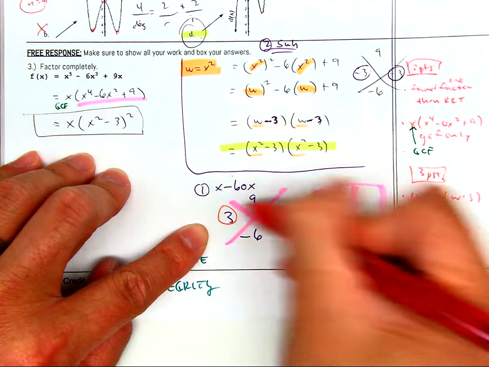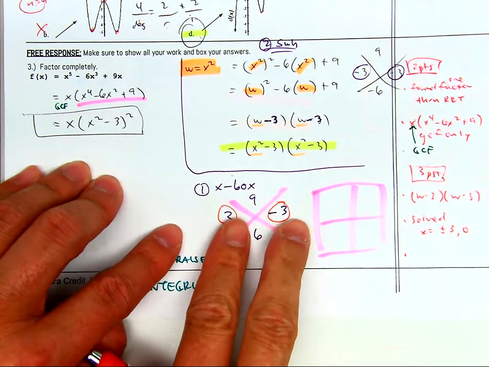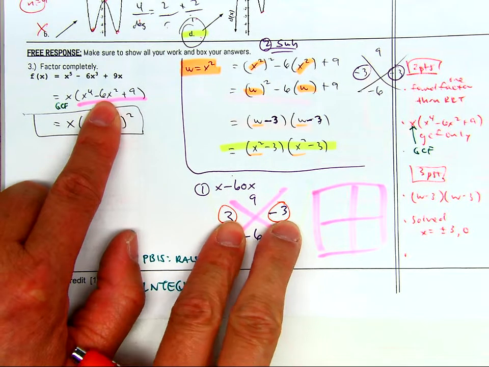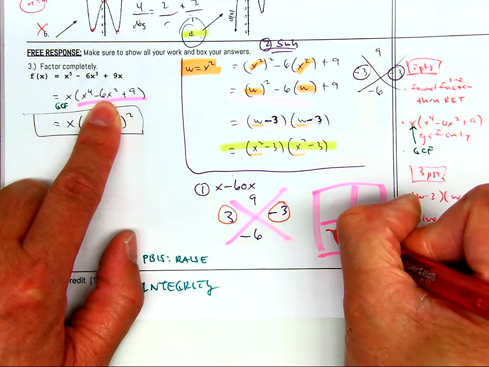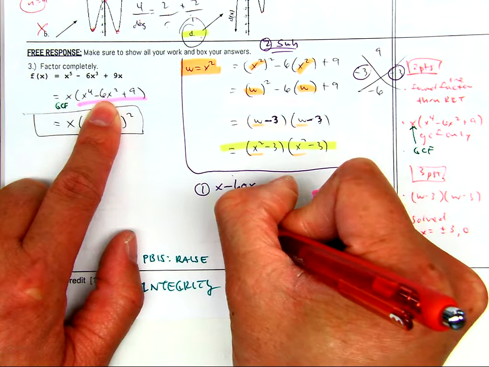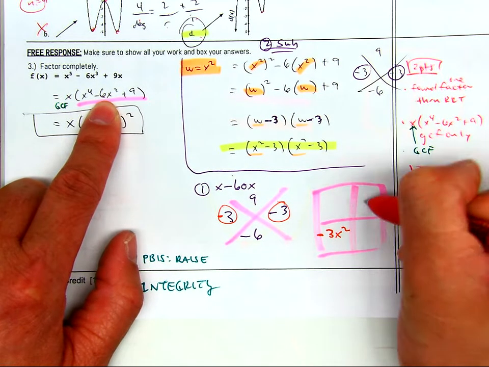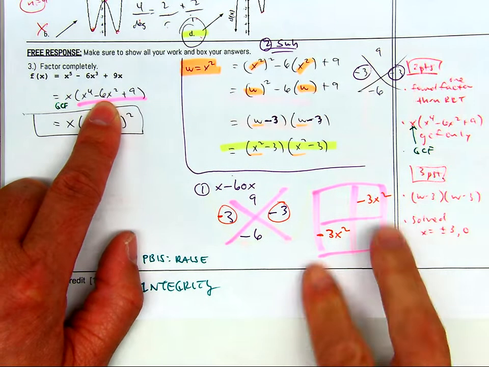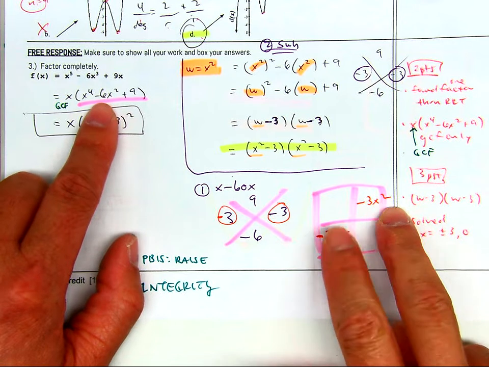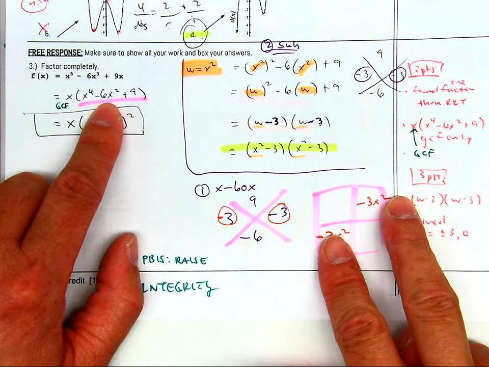Now, pay attention. These values right here are splitting the middle one. So you're splitting negative 3x squared and negative 3x squared, because if you add those 2 together, you get negative 6x squared.